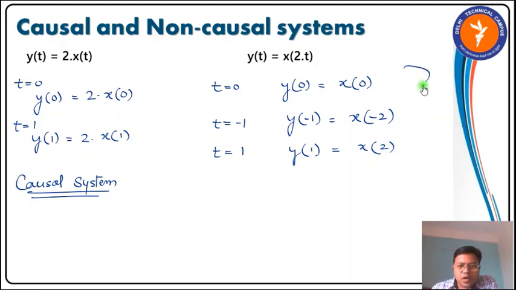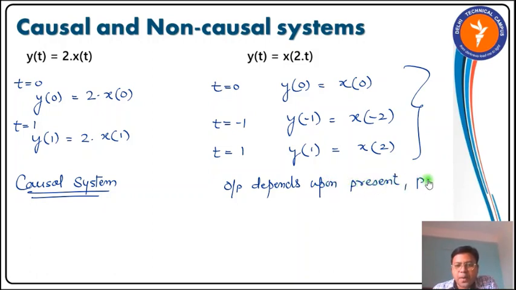So in all the three instances, we can predict that the output depends upon present, past, and future inputs. So we can say that the system is a non-causal system.